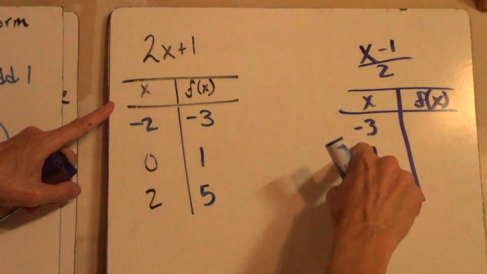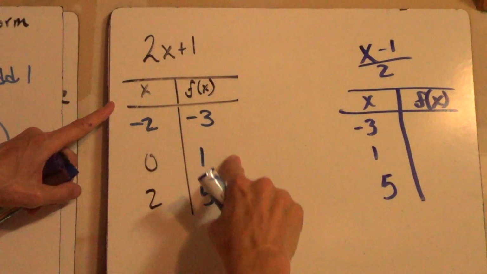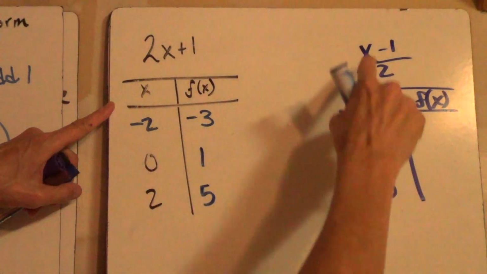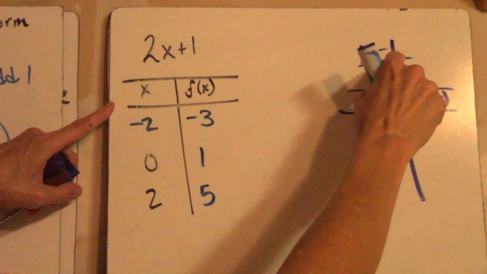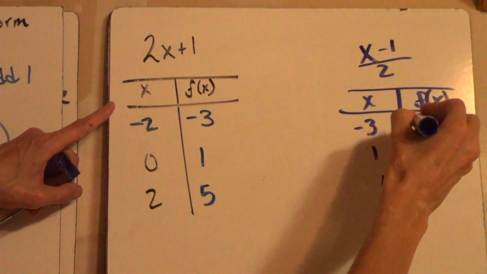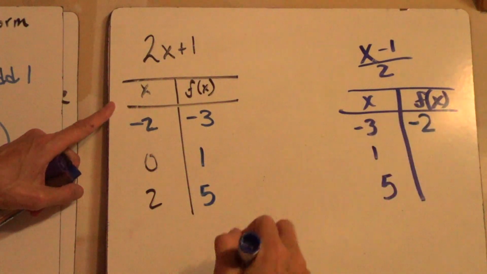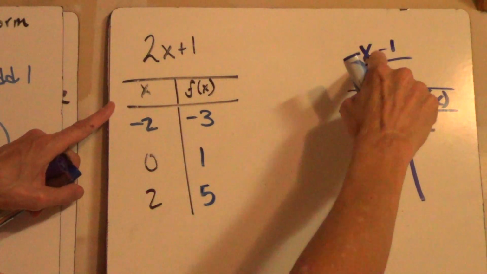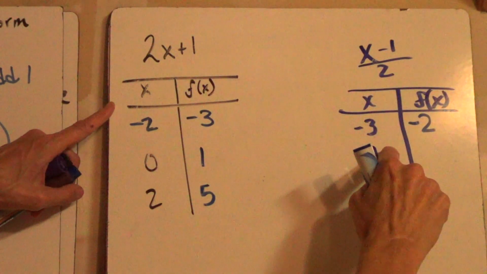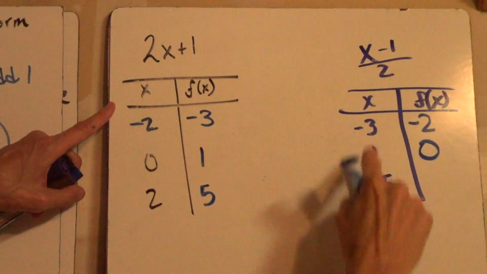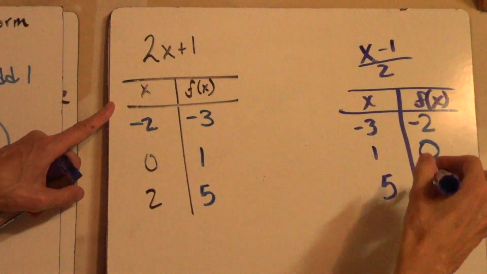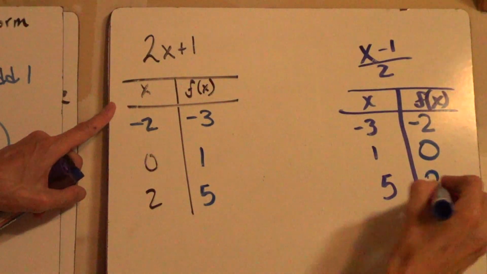Now, if we list what our outcome was here, and we plug these in, negative 3 minus 1 is negative 4, divided by 2 is negative 2. 1 minus 1 is 0, divided by 2 is 0. 5 minus 1 is 4, divided by 2 is 2.